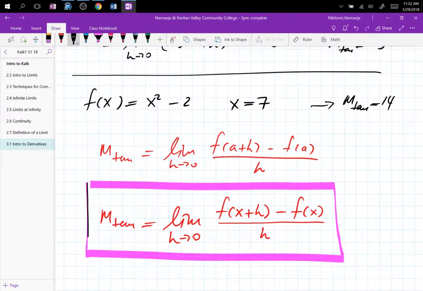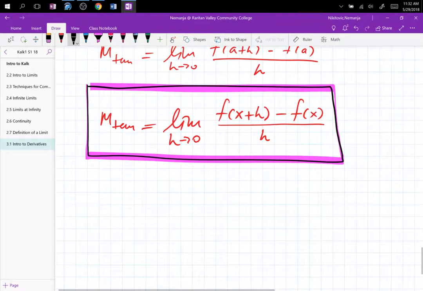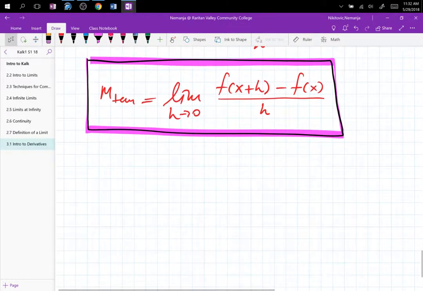Because I would like to use this one. You see, now I don't have a anymore. And if I don't have a anymore, well, we are actually computing all of the tangent line slopes. All of them.